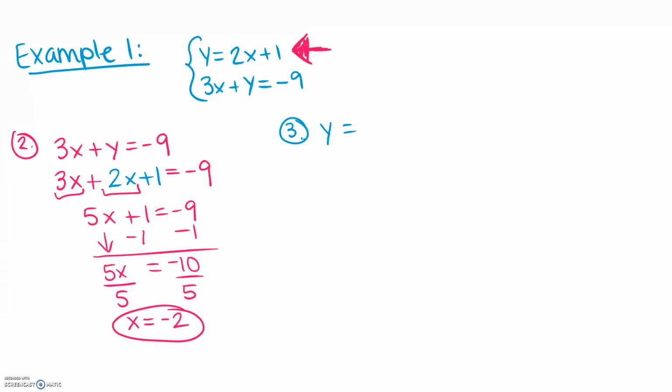So I'm going to use y equals 2x plus 1 and substitute negative 2 in for x. So I have y equals 2 times my x, which is negative 2, plus 1. When I solve that, 2 times negative 2 is negative 4, plus 1, and negative 4 plus 1 is negative 3.